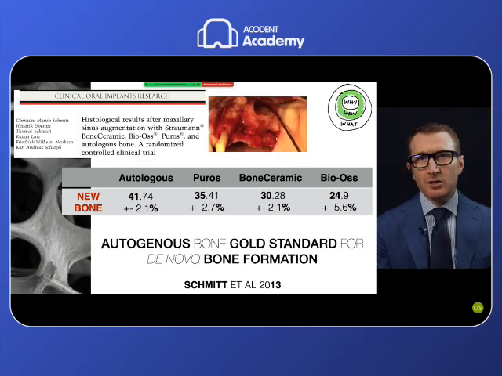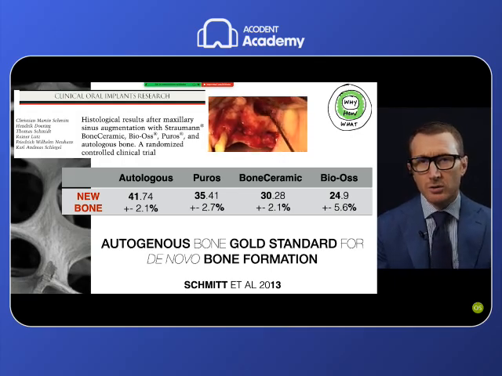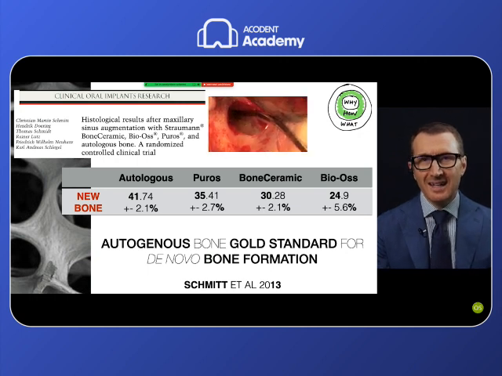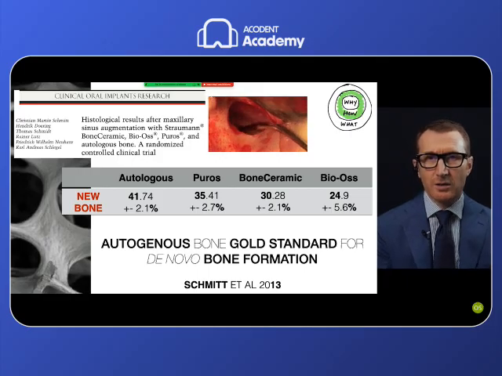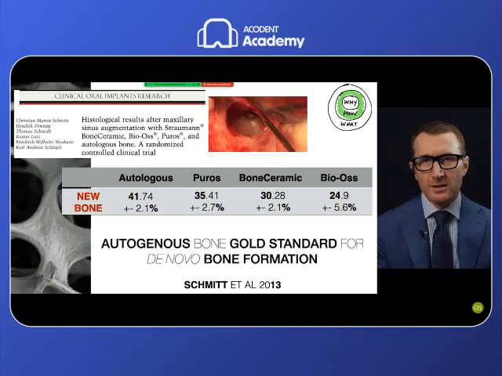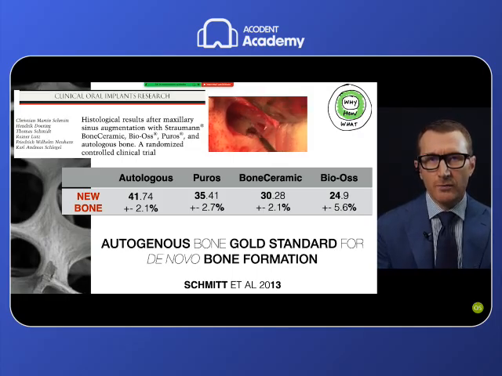So the message is not that we should use autogenous bone in the sinus, but that even in a 5-wall defect, highly predictable in terms of regeneration, autogenous bone is able to make a difference in terms of new bone formation.